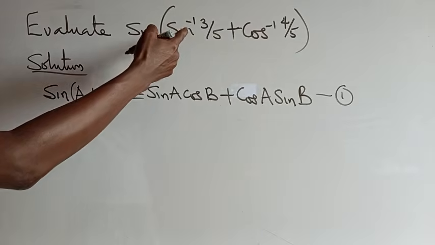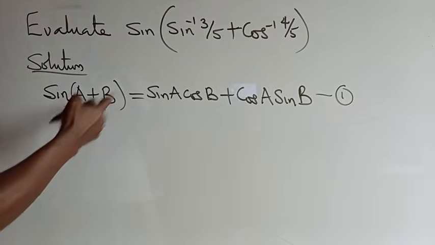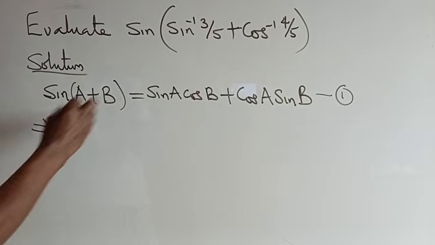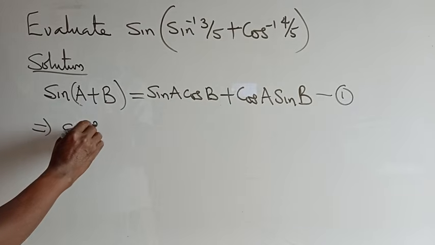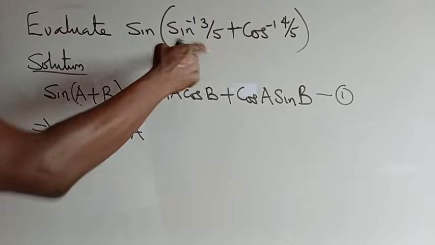Remember we said that sine inverse of 3 over 5 should be A, while cos inverse of 4 over 5 should be B. So sine inverse of 3 over 5 is equal to A from that assumption.